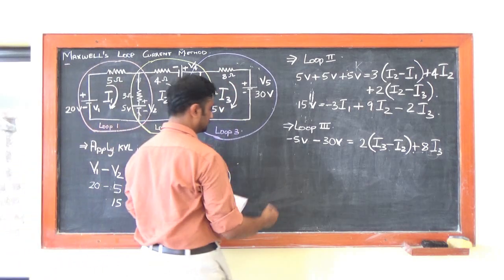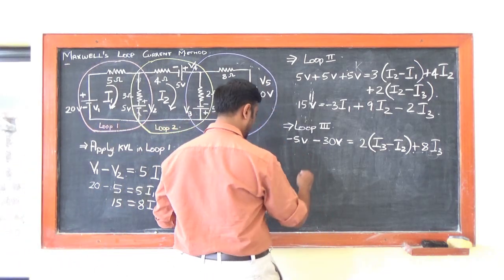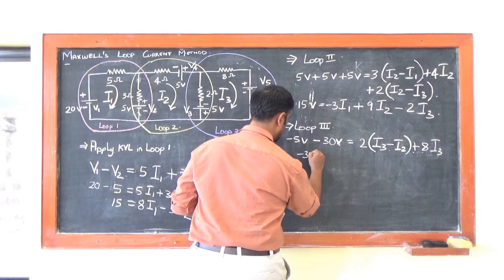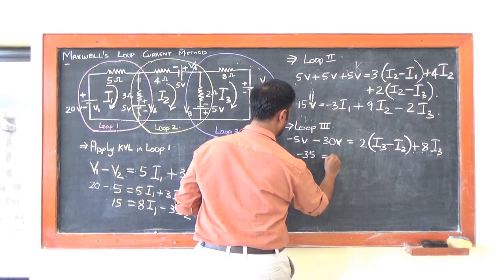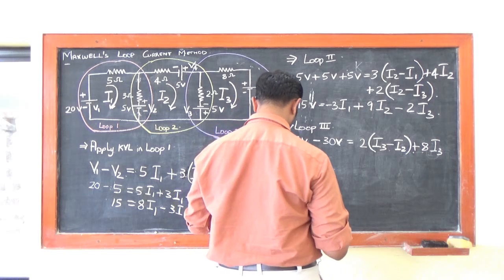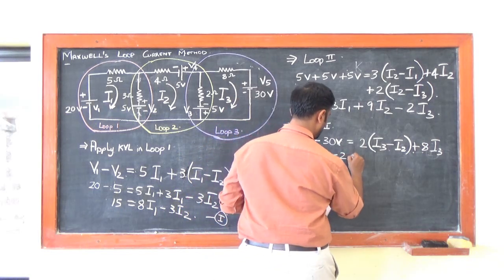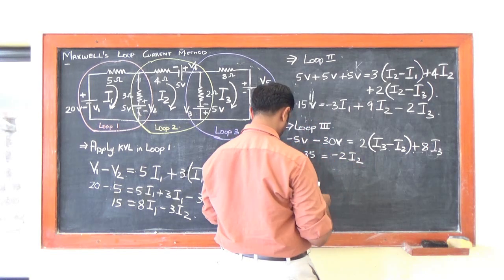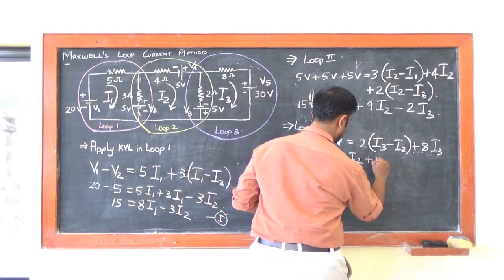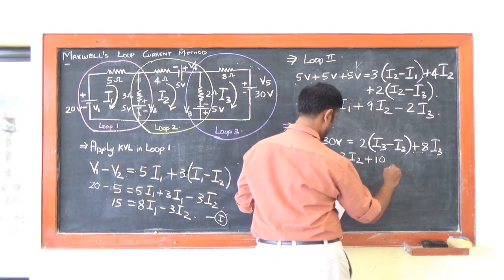So now I again expand this term and I get it as minus 35 equals to minus 2 I2 plus 10 I3.